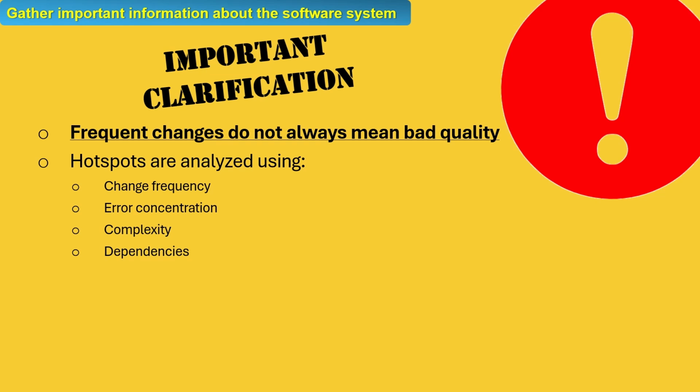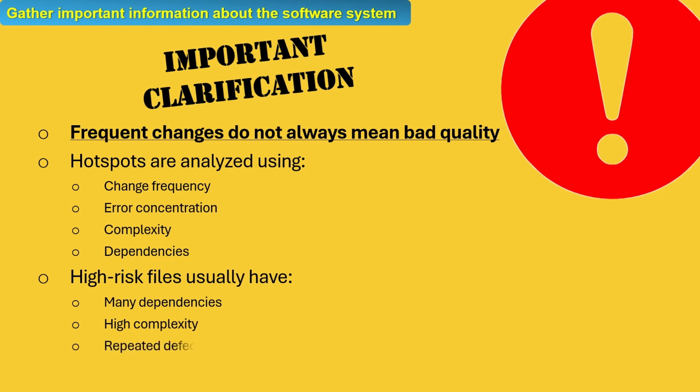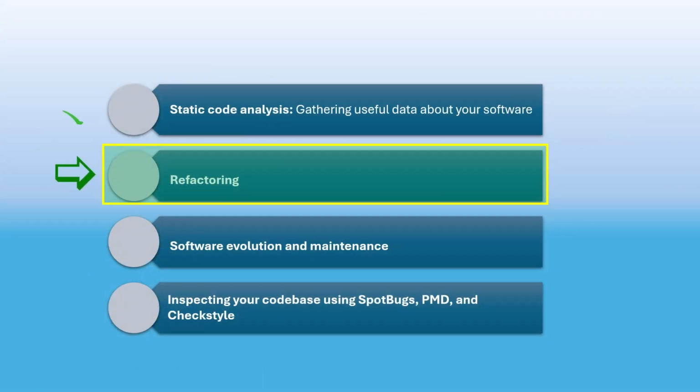But if the same module also has higher complexity, repeated bugs, and constant emergency fixes, then the frequent changes may indicate poor software quality. Hotspot analysis does not automatically label frequently modified files as bad. Instead, it helps the teams to identify the files that deserve closer inspection because they are important, risky, or potentially unstable. That brings us to the end of this session.